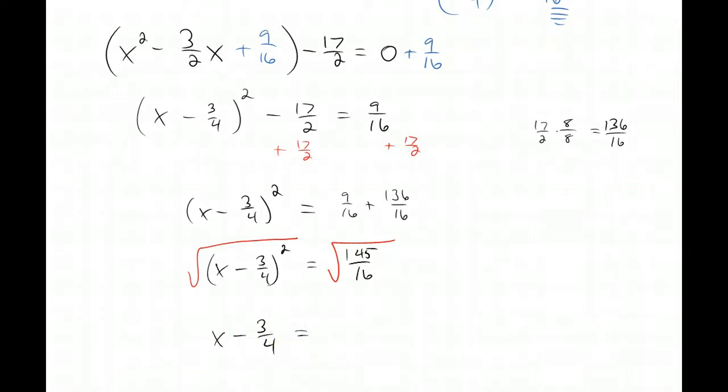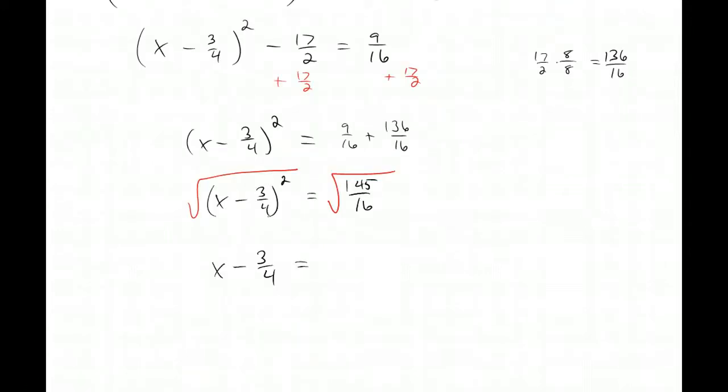On the right side of the equation, all we have to do is actually take the square root. I don't know what the square root of 145 is. If it can be simplified, I'll just let you do that on your own. But I do know that the square root of 16 is 4. So the right-hand side of the equation is basically going to look like that, unless the square root of 145 can be simplified into something.